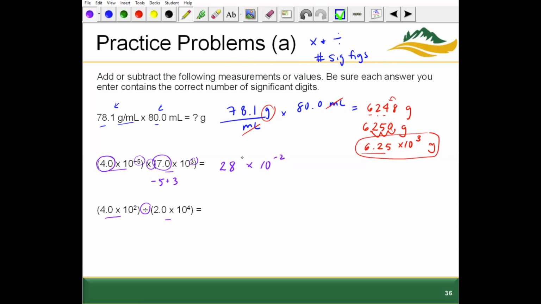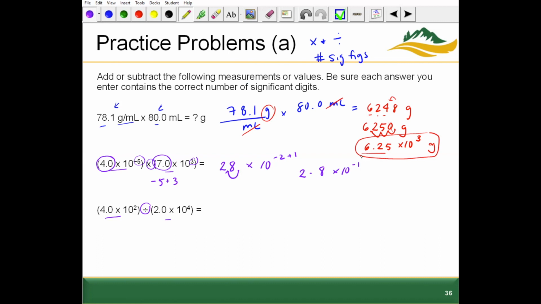Now, this number, as we know, does not look like it's in proper scientific notation because there should just be one value past the decimal place. So let's go ahead and finish this and write this in correct scientific notation. That means our decimal point is here. We're going to move it 1 to the left, and we will add 1 to that exponent. So that gives us our final answer of 2.8 times 10 to the -1.